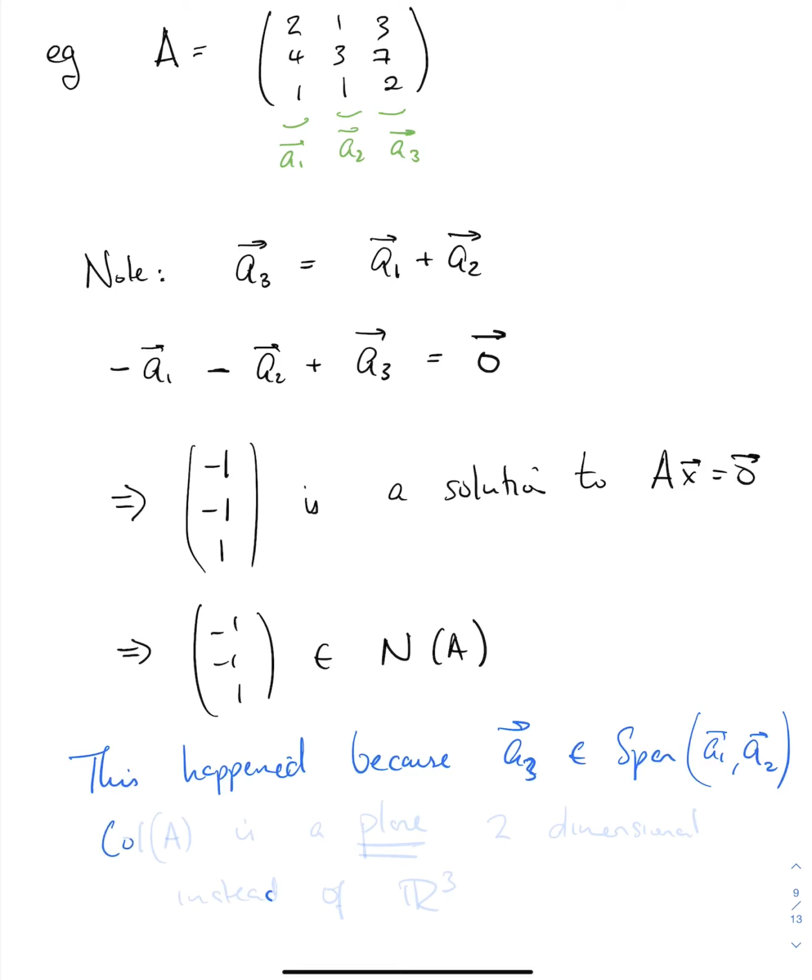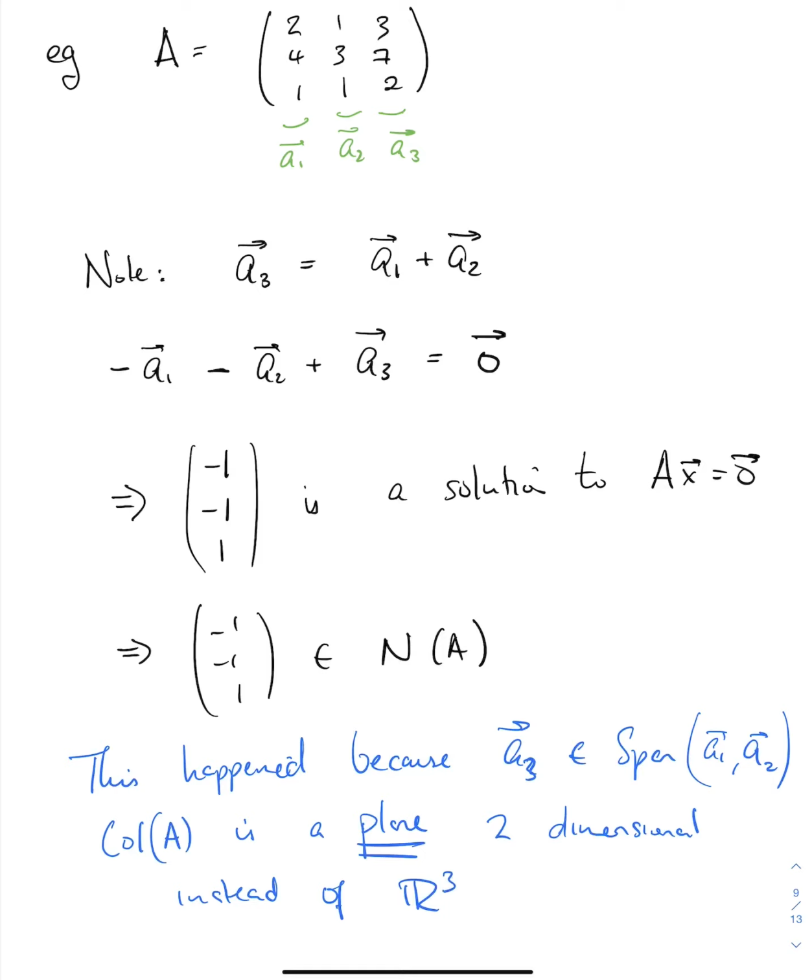The column space of A is a plane. It's not three-dimensional space, even though there are three vectors. It's a plane, and it's two-dimensional instead of R^3.